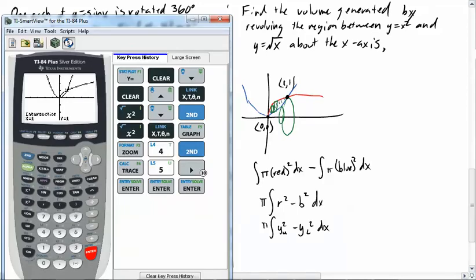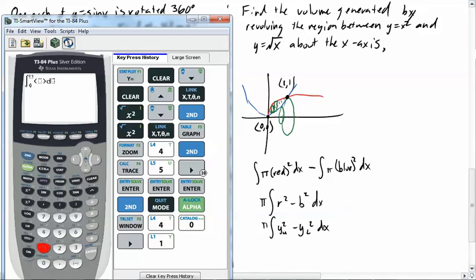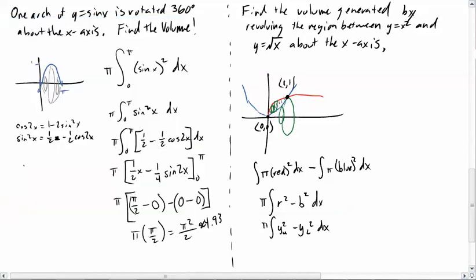And so when I do the integral, I'm just going to go to the home screen here. All right, and I'm going to go shortcut fn int, which is 4. And I'm going to integrate from 0 to 1. And then I'm going to do the upper minus the lower. So the upper is the square root of x. So that was y2, right? I made this y1, and I made this y2.